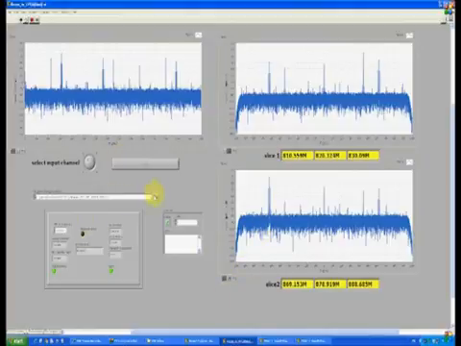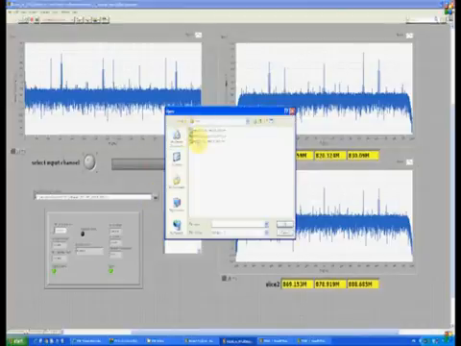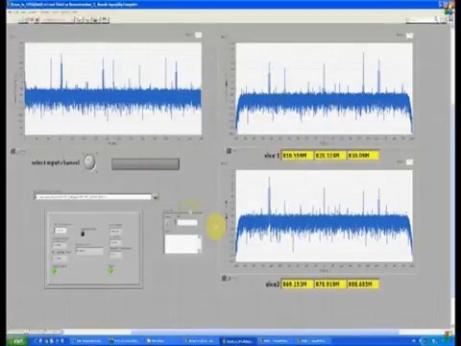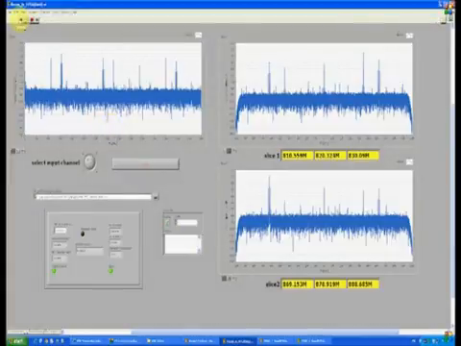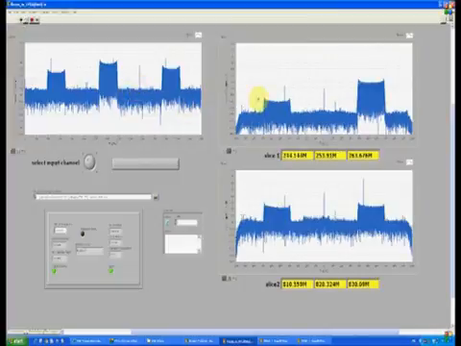I can select back to the signal we had before. Start shows the input signal and the reconstructed FM and the reconstructed sine, which was overlapped in the input signal.